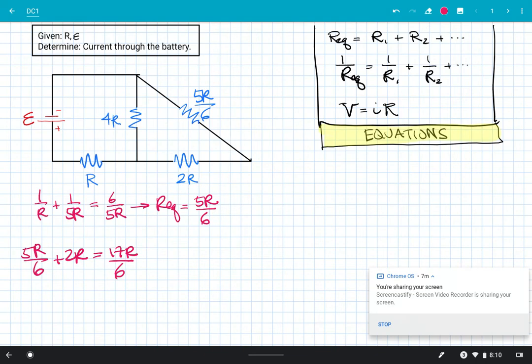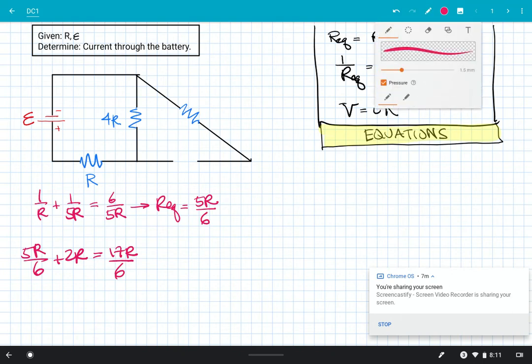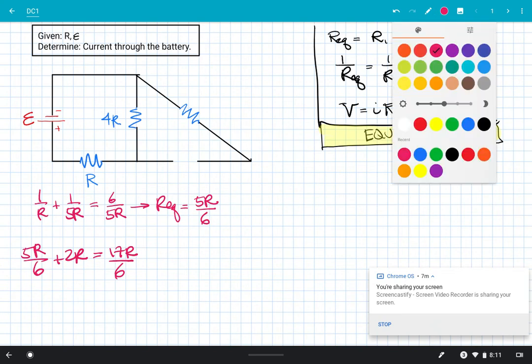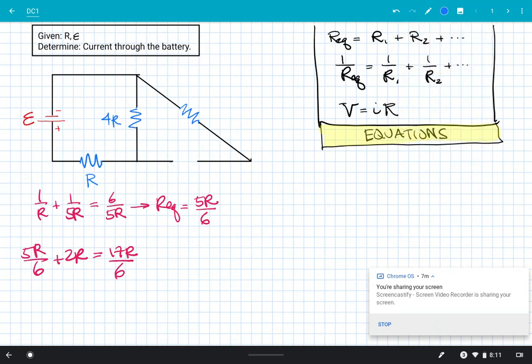So I'm going to go ahead and take this out and that out there, and then we'll fill this back in with a wire. And this is 17R over 6.